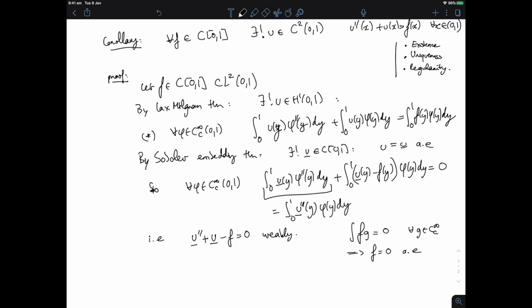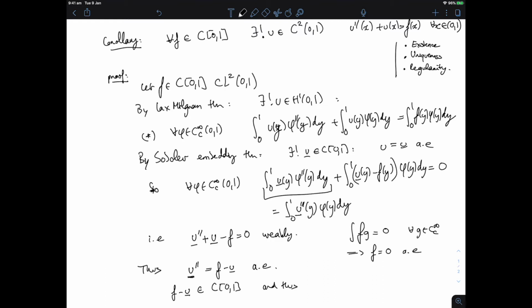So what we have now is that u bar second, which is a priori just an element of L2, has to be equal to f minus u bar almost everywhere. But f minus u bar is a continuous function. Right. So if you're almost everywhere equal to a continuous function, then you must have a representative which is itself continuous.